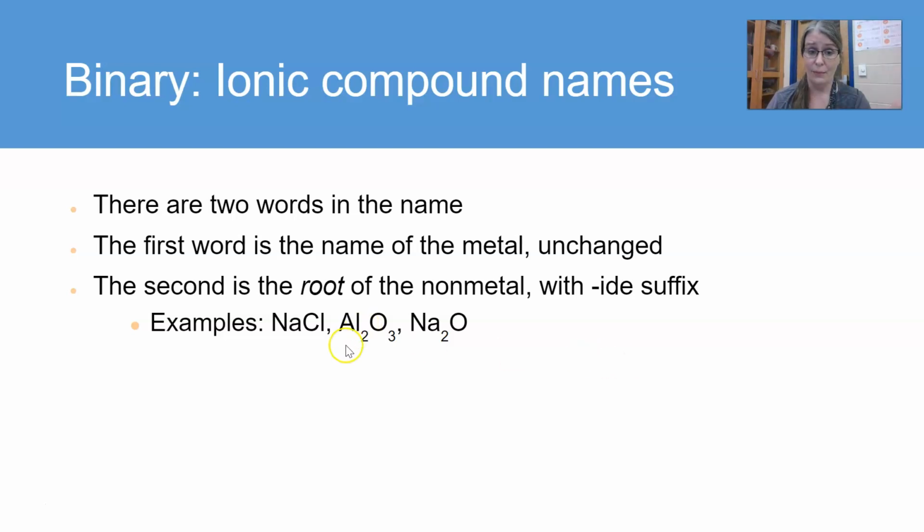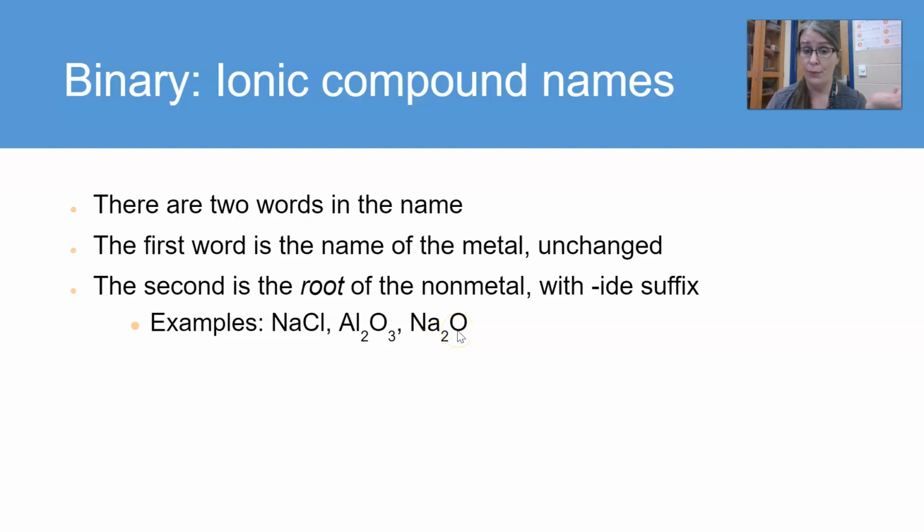So if I look at the second one here, the first word would just be aluminum. The second word would take the root of oxygen, the ox, and change the ending to ide. So that would be aluminum oxide. And the last one here, first word is just the metal, so sodium.